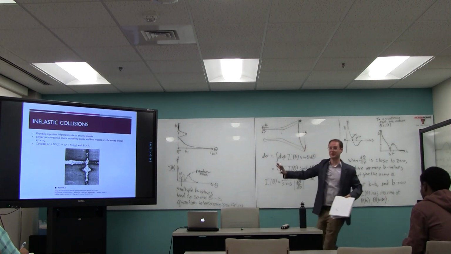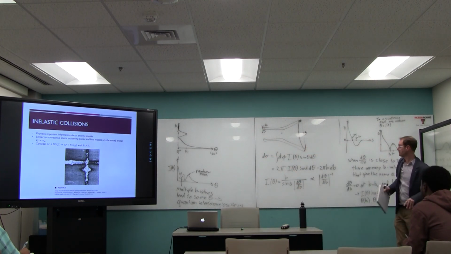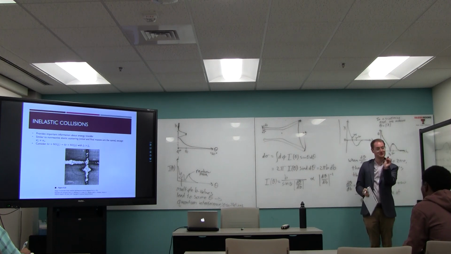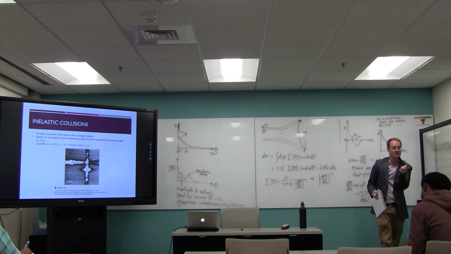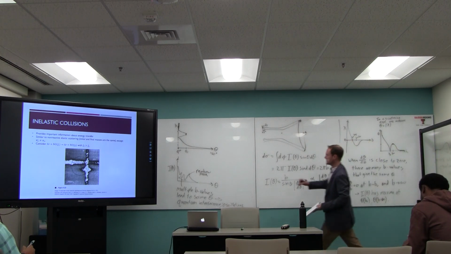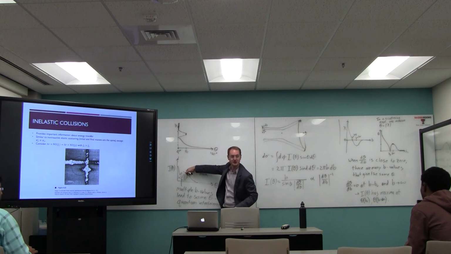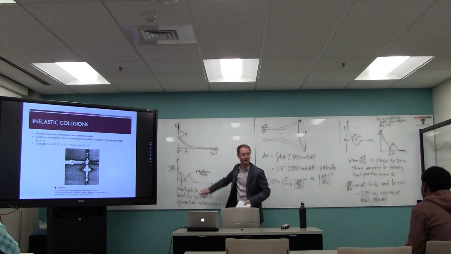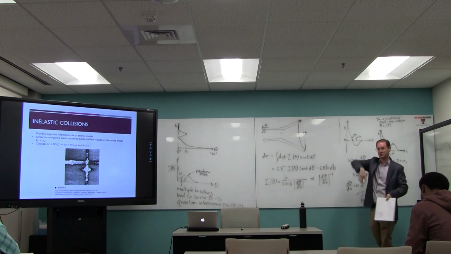But that doesn't happen in real life because we can't measure the angles infinitesimally precisely, and also quantum mechanics doesn't allow the specification of an angle to be infinitesimally precise due to the uncertainty principle. So you see a broadening of the distribution, but a peak where classically you would expect the distribution to go to infinity.